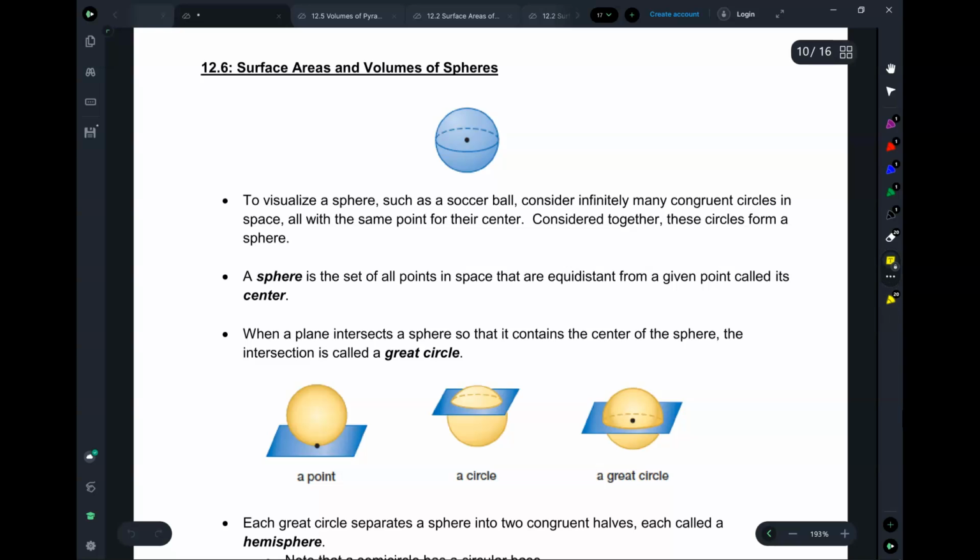A sphere is the set of all points that are equidistant from a given point called the center. So if from this point I go out 5 meters that way diagonally, and then I go out 5 meters that way, and this way, and this way, all of those points will create a three-dimensional surface, which is a sphere.